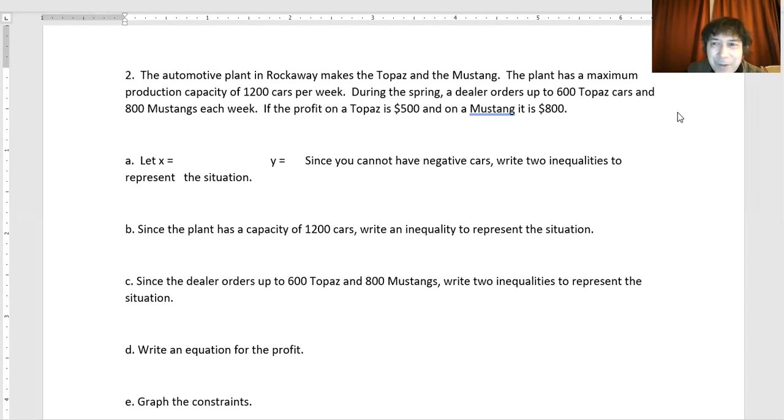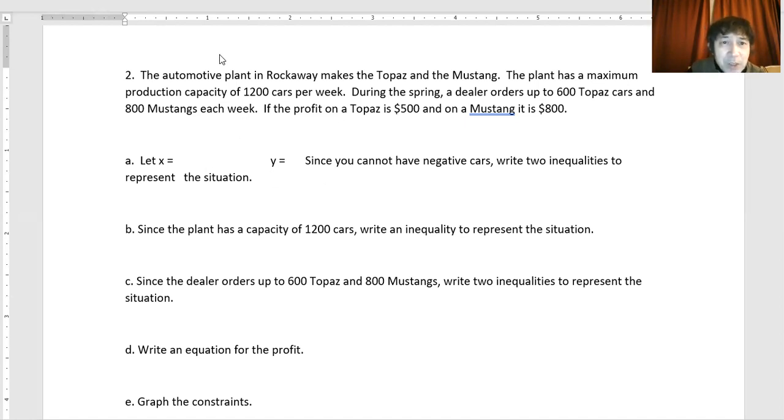All right, so we're going to check this. So this will be X. This will be for the Topaz cars, and Y for the Mustang. Since you cannot have negative cars, write 2 inequalities to represent the situation.